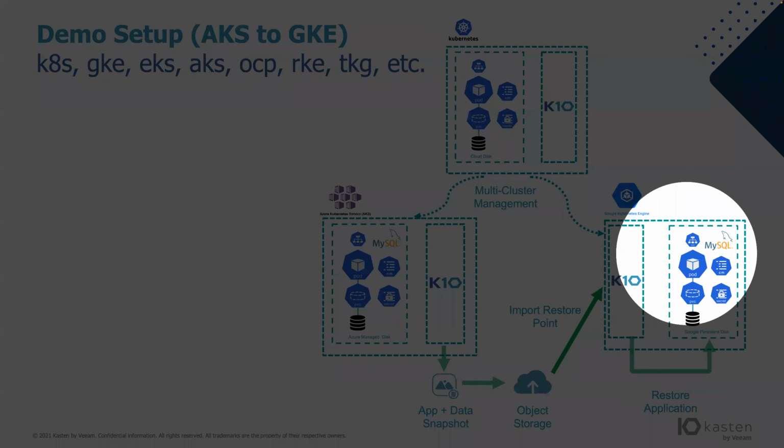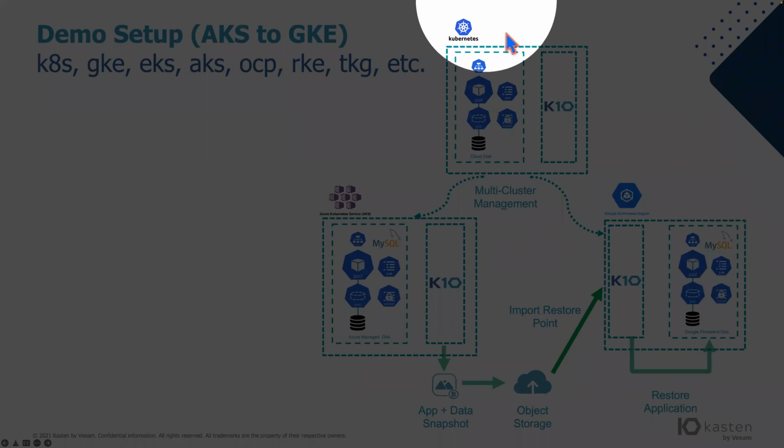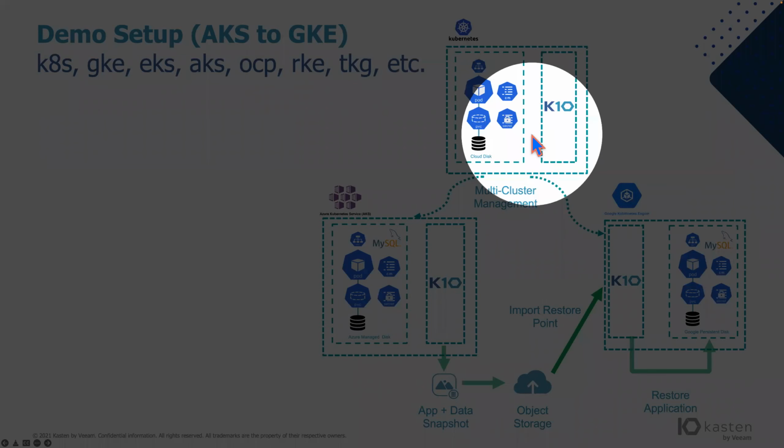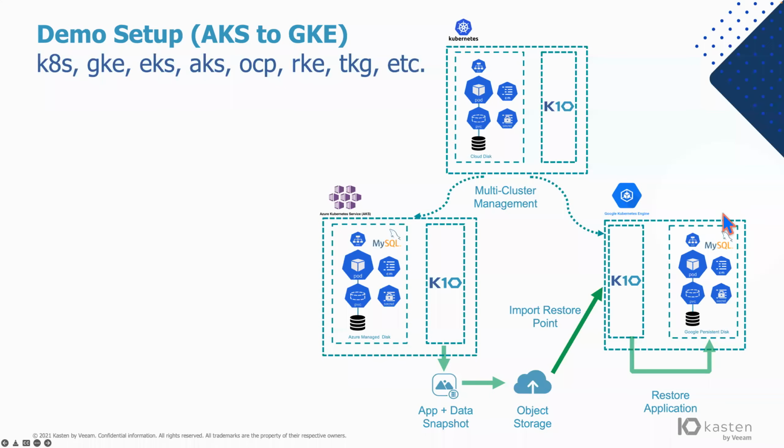But you don't want to log into every cluster individually to manage your environment. For example, here I've got one cluster, another cluster from Google, and another cluster from Azure Cloud. We can nominate one cluster as a primary, and from there we can do centralized monitoring and management. You can create a global policy and global location profile, and then distribute them to all of your clusters.